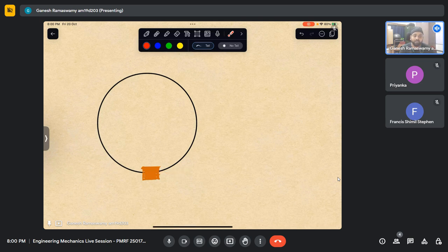It is speeding up like that. Now we can see that this is actually moving along a curve. So at the next instant, along with this acceleration which is changing its magnitude, there has to be some acceleration which has to change its velocity along this hoop, which means there has to be a centripetal component as well.